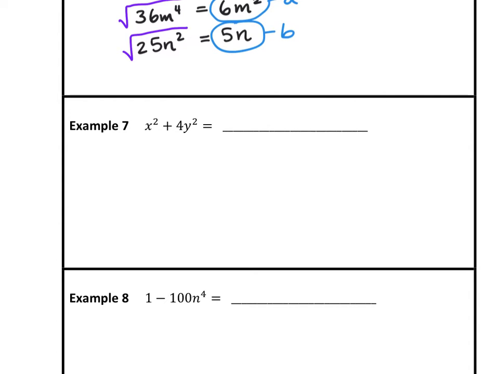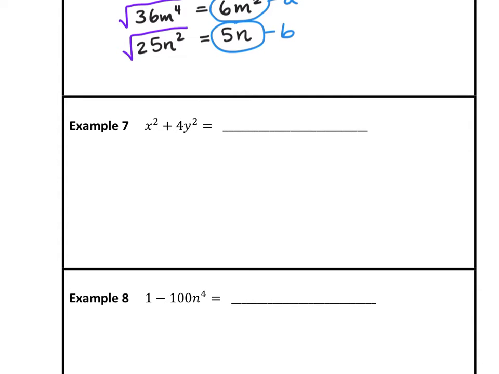I almost forgot, but in the beginning, and the way I'm recording, I can't go back. If I go back, it's not going to take the video back. But if it's not a special product, if it's not a difference of squares, and we can't factor it, we call it prime.